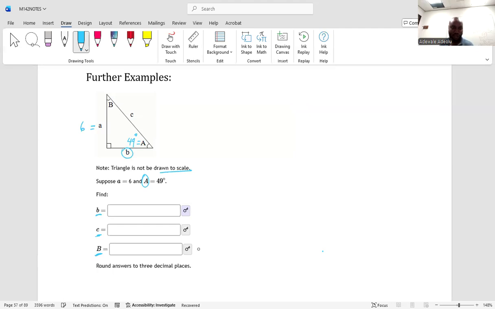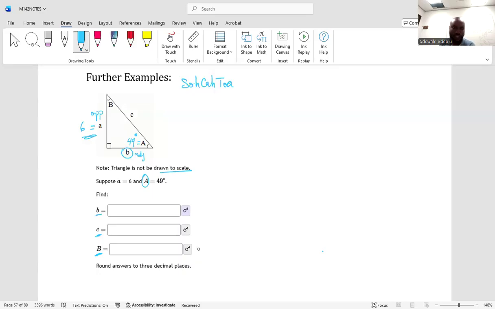For B, well, this is adjacent. We know this length. This is opposite. Then you know what from SOHCAHTOA. How do I know that SOHCAHTOA will help me? Well, I'm dealing with right triangles, so SOHCAHTOA will definitely help me.